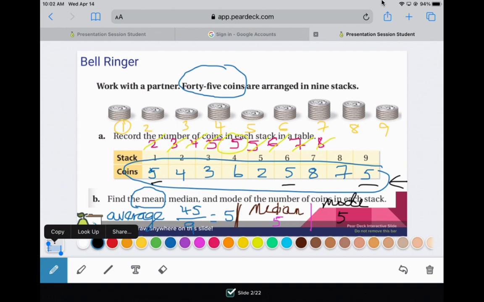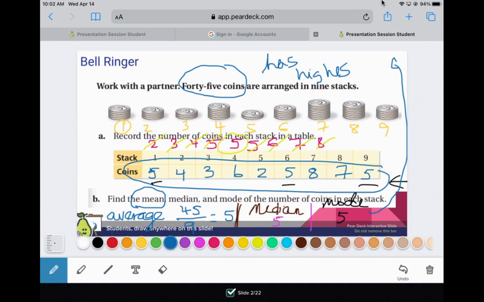Can we have more than one mode? Yes. Sometimes if I add to my list, I may have some numbers occur the same number of times. Based on the work that we did last week, another way you can look at the mode is the one that has the highest frequency.